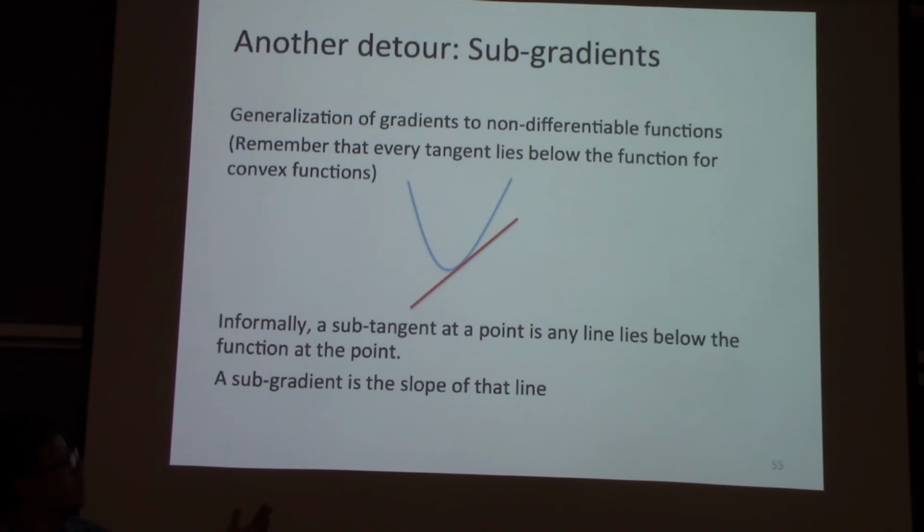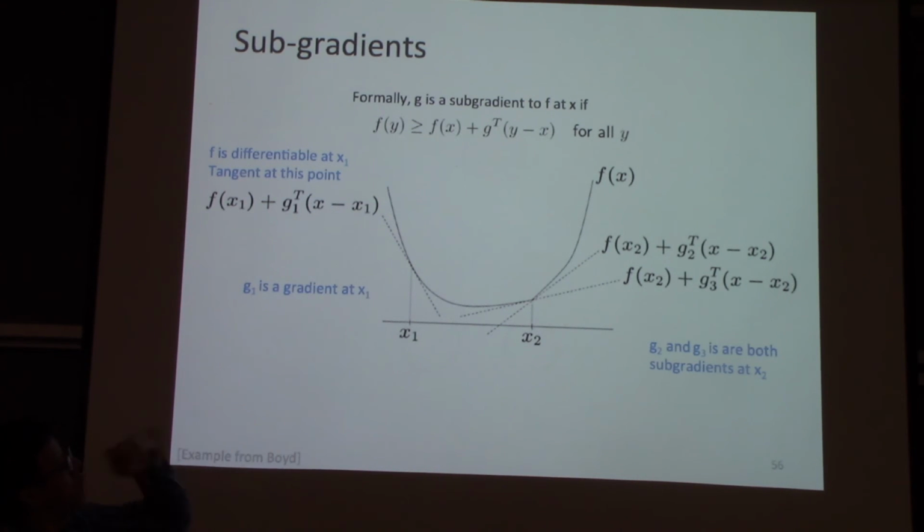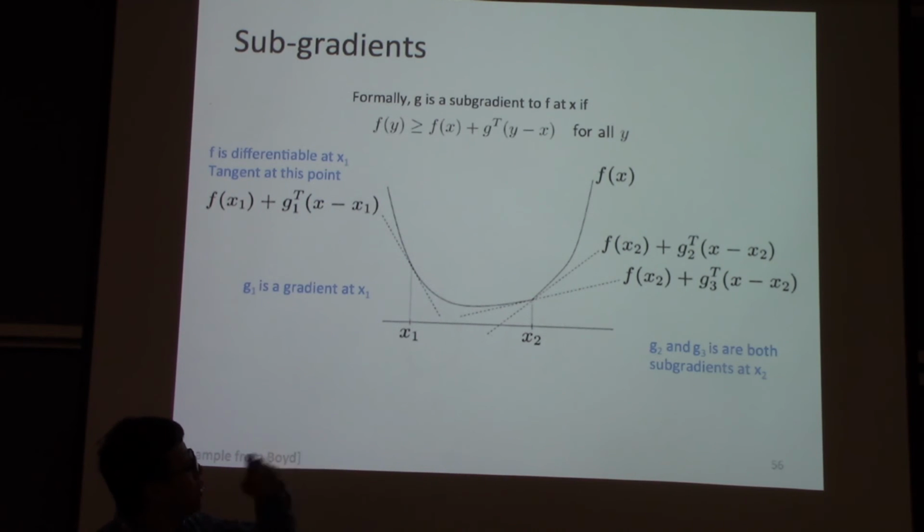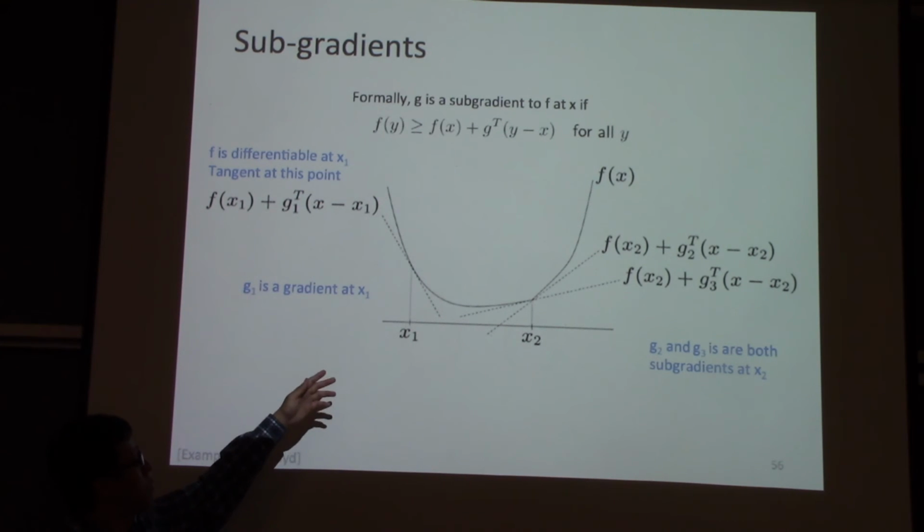On the right, the function is smooth, so it has this tangent line, this gradient. This one is an example that contains a kink point, x2. x2 is not a smooth point, and x1, just like before, is smooth.